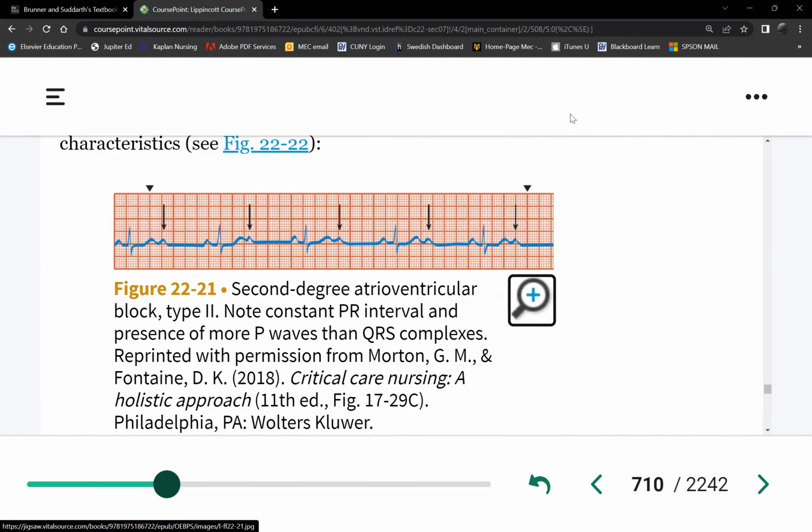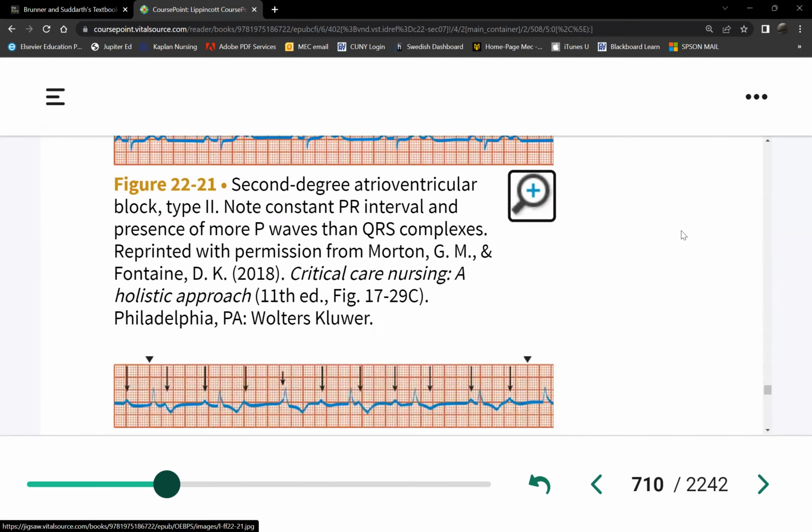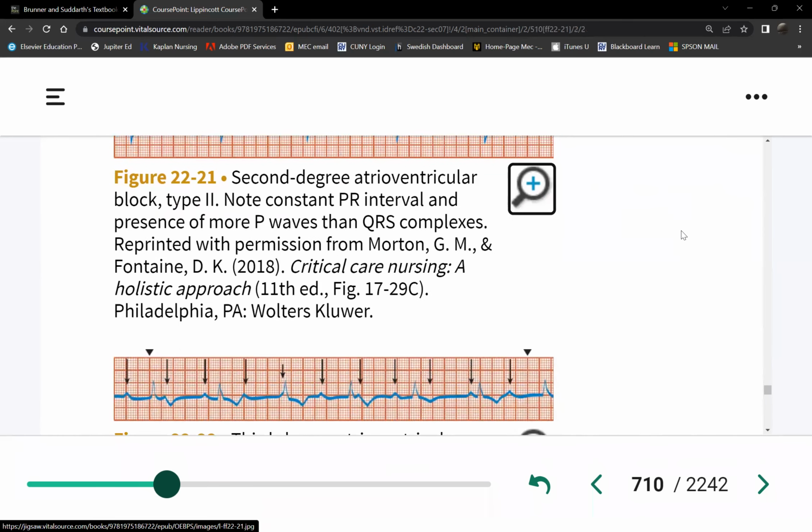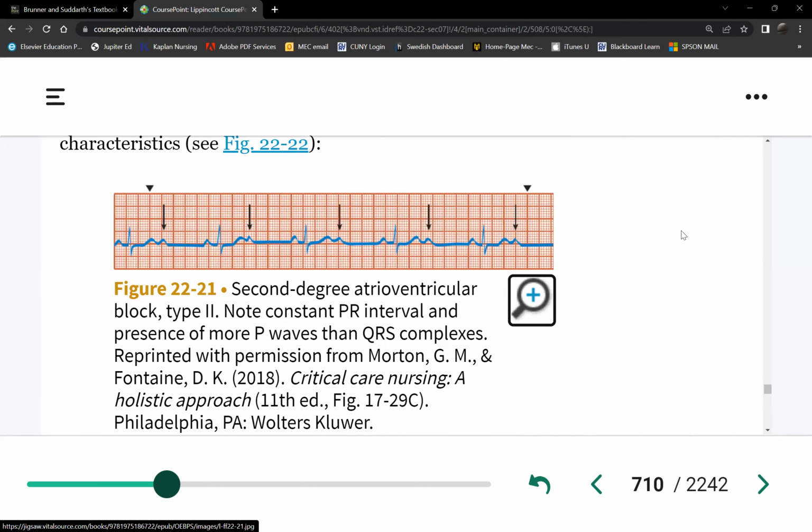But is it because the first one is before the marker? Yeah, this is the marker. They count here 1, 2, 3, 40 something. Okay, this heart rate is in the 40s. So that's second degree type 2, which is serious now, correct?